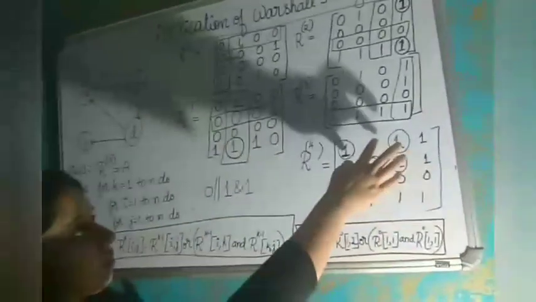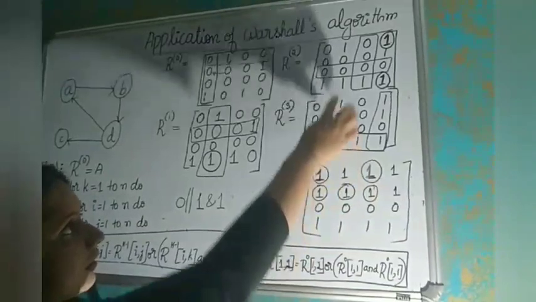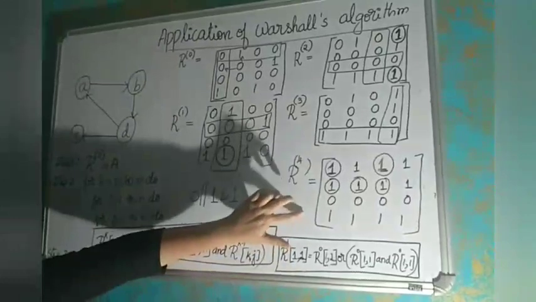Again this also is 1 or (1 and 1), so that is also 1. Like this you calculate for all the entries and you will get the transitive closure. Just compare this with the transitive closure we calculated for this graph. It should be the same.